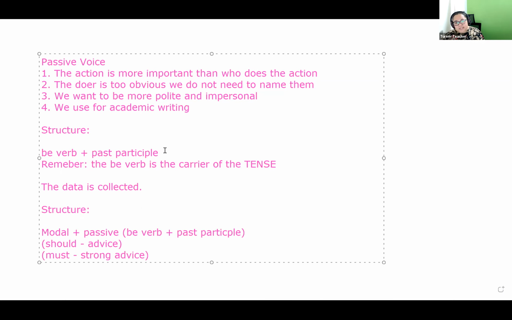The past participle never changes ever. Okay, so the be verb is the one carrying your tense. So what we're going to do is we're going to have a little bit of practice, and I'm going to put you guys into different breakout rooms so that you can practice with your teammate.